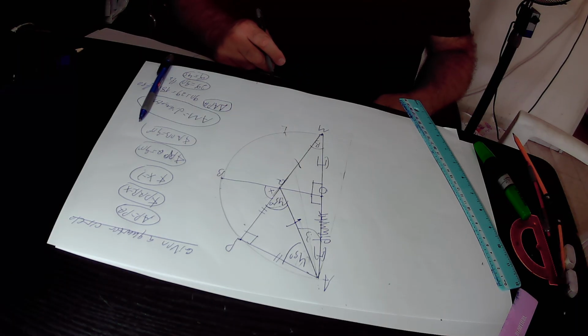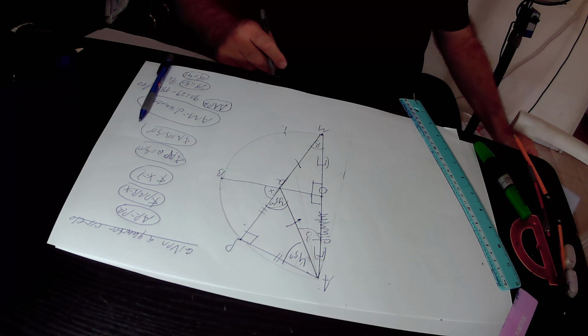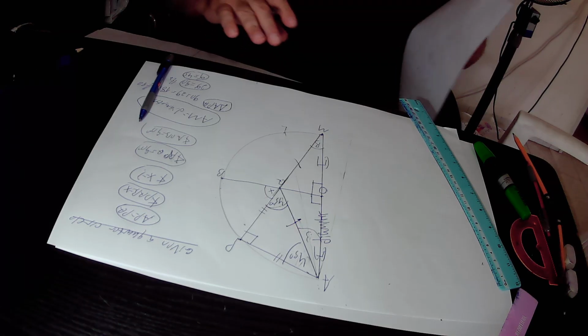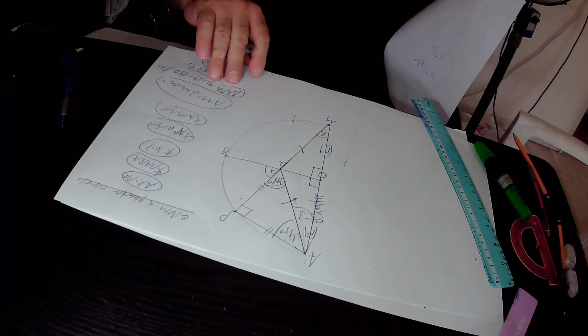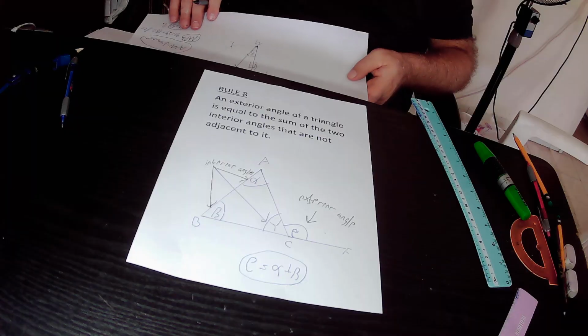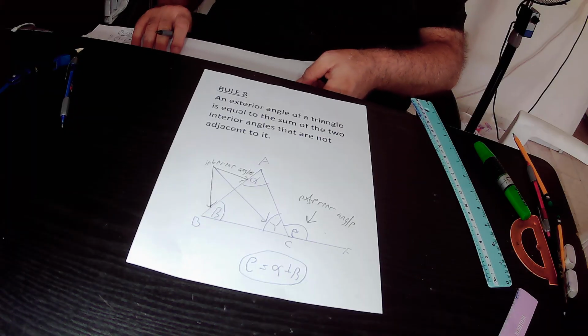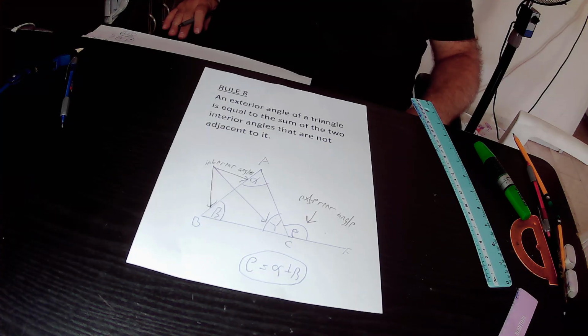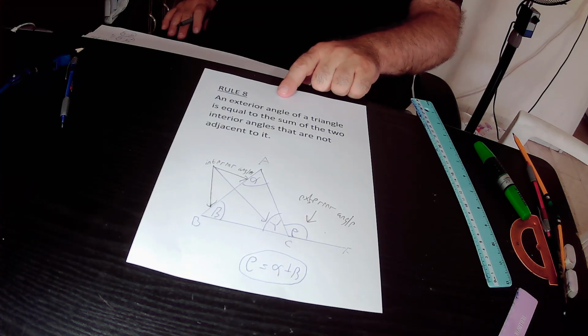In the next step, we present to you a new rule and we implement the new rule in our drawing. The new rule is rule 8. According to rule 8, an exterior angle of a triangle is equal to the sum of the two interior angles that are not adjacent to it.